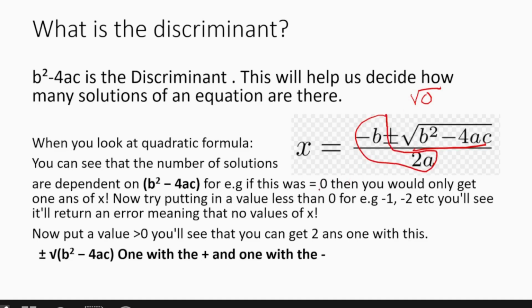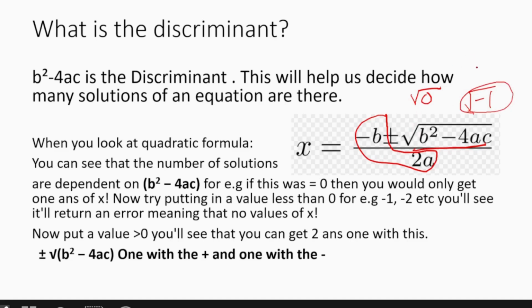So this will only give you one answer for x. Now remember, if b² - 4ac is less than 0, which means it is a negative number, the square root of a negative number will not exist, hence no real solutions.